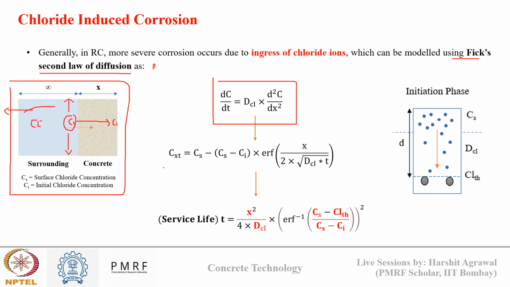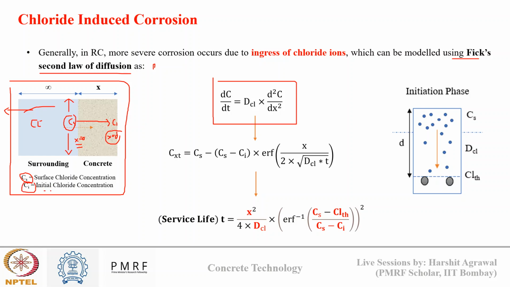Using this semi-infinite concentration boundary condition, and knowing that at x equal to 0, this is my surface, and x equal to d is my cover depth. At depth equal to 0, my chloride concentration is Cs, and at depth equal to d, my chloride concentration is Ci.